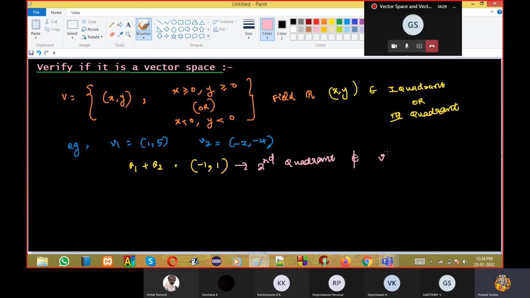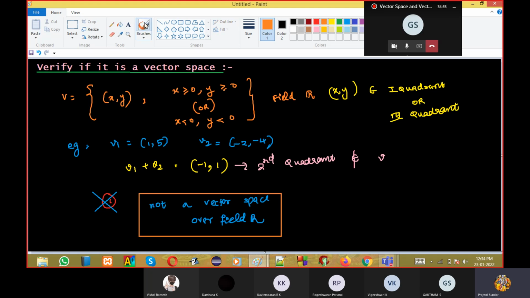But when adding two vectors, they are getting an answer in the second quadrant. So I can say that the given set is not a vector space over the given field. The first property is not satisfied. Then how will you call it a vector space? So it is not a vector space over field R.